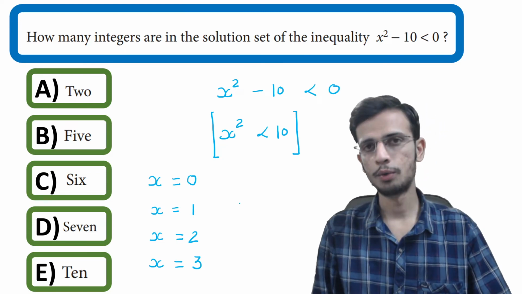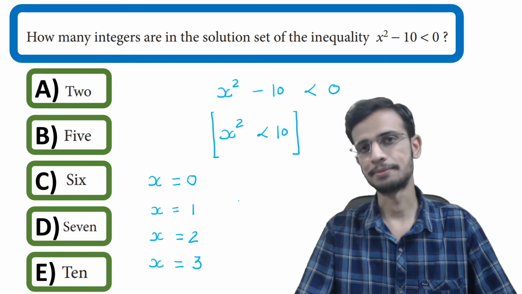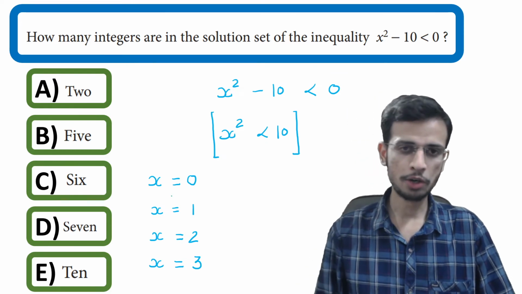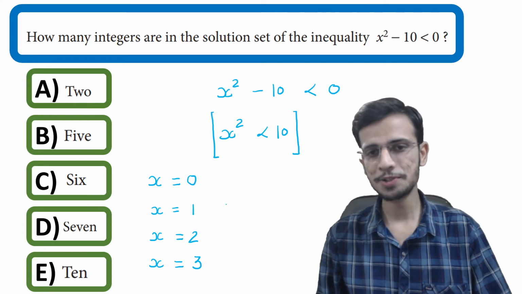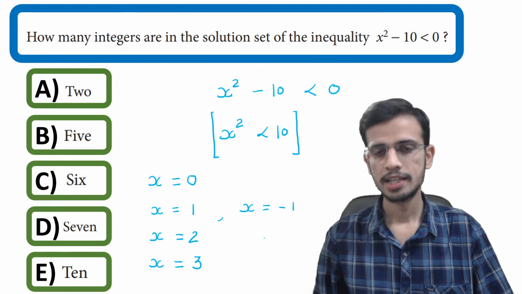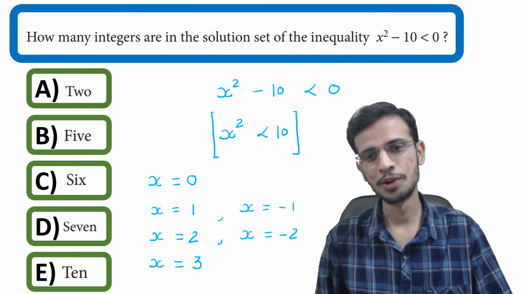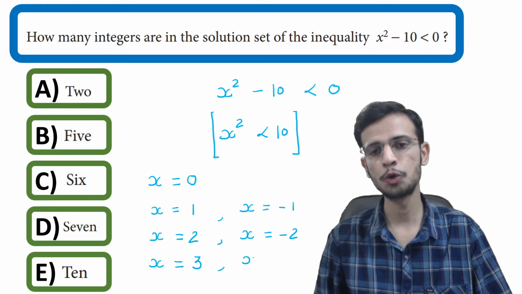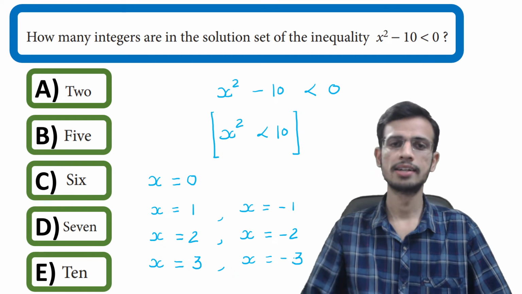X equal to 4 won't satisfy this inequality. So we got these 4 values. We'll also get 3 more values. We can get x equal to minus 1, x equal to minus 2, x equal to minus 3. Square of minus 3, minus 2 and minus 1 is less than 10, right?